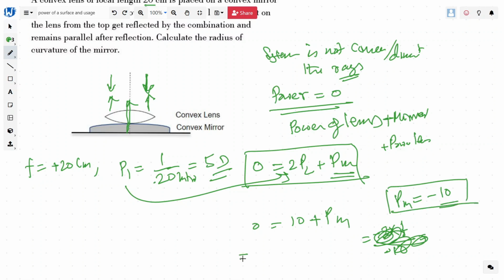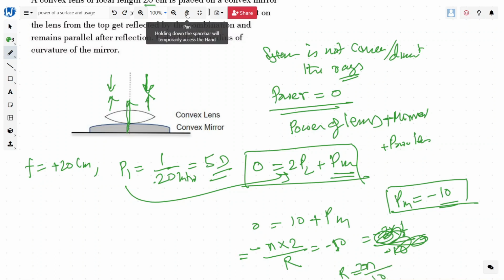So then PM for the mirror is going to be equal to minus 2n divided by r. Okay, hence this is minus 10, right? So minus minus will cut, and the r is going to be equal to 2n by 10.